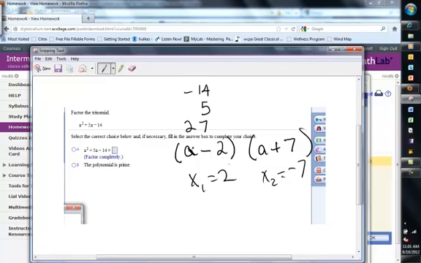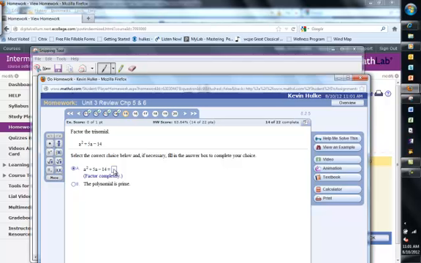Remember, to go from the solution to the factor, this goes here, the denominator, which is 1, goes there. This goes here, denominator goes here, and always change the sign. So it's a minus 2, a plus 7.